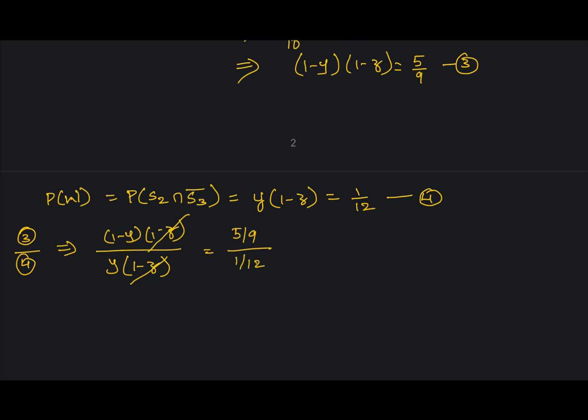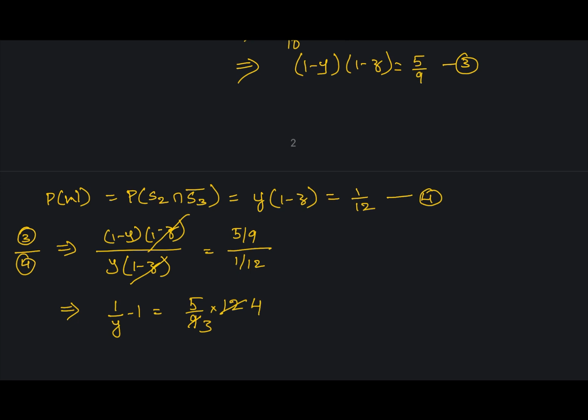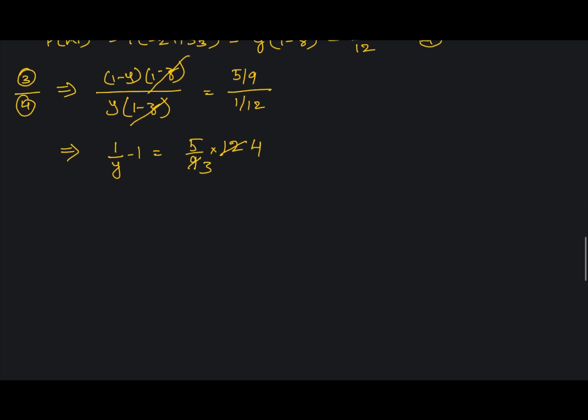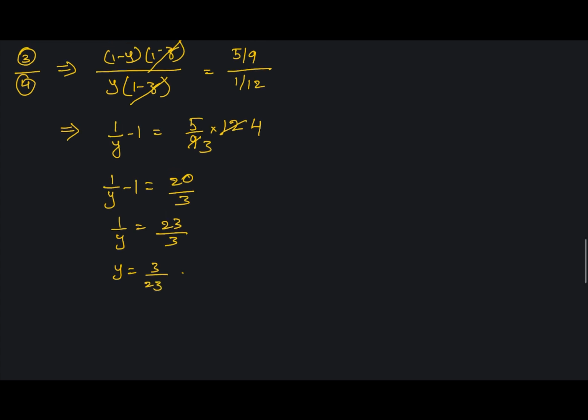So we cancel the common terms and we get 1 minus y divided by y, which is 1 by y minus 1, equal to 5 by 9 multiplied by 12. By cancelling we get that value as 20 divided by 3. And now we get 1 by y equals 20 by 3 plus 1, which is 23 divided by 3. And y is equal to 3 divided by 23.